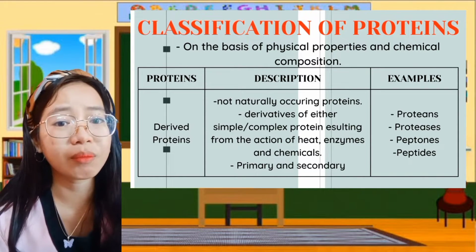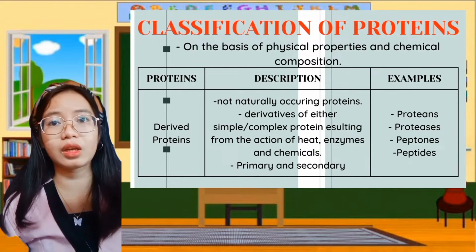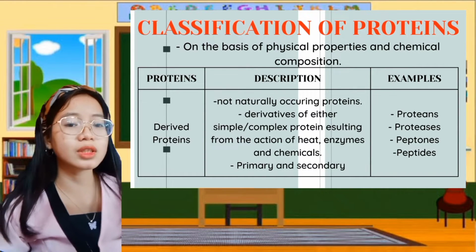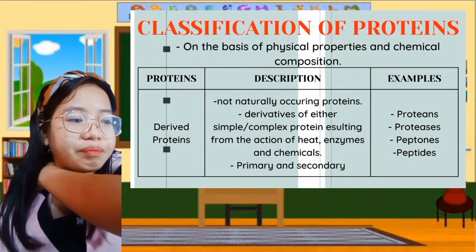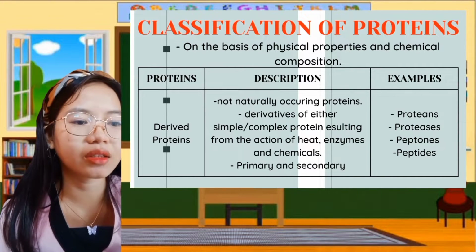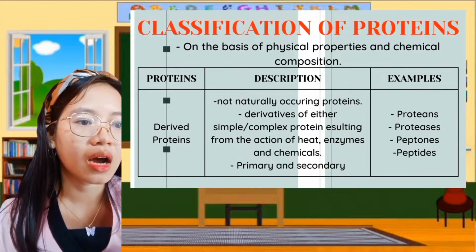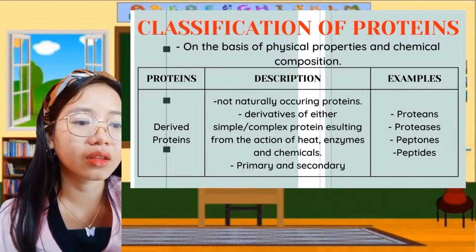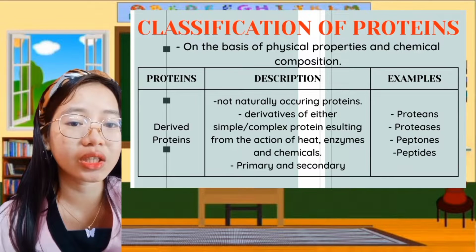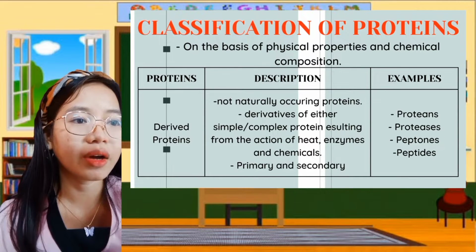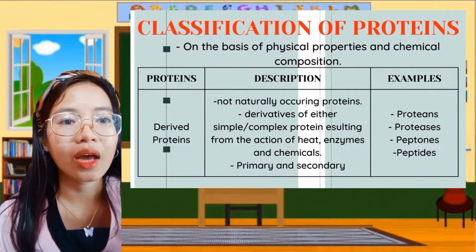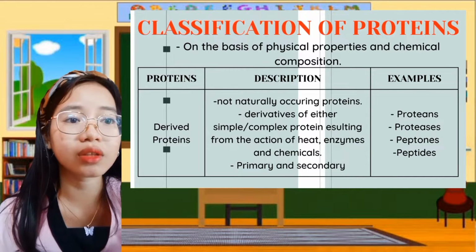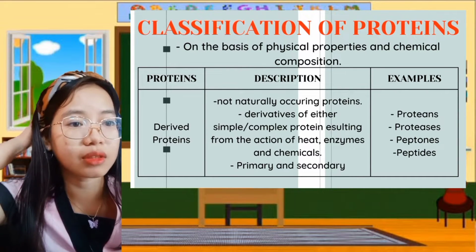Okay, and then what about the secondary? Since they are classified into two, of course, they have differences. As I said, the primary is a derived protein which is a first product, meaning its original size does not change, while the secondary derived protein has an original size that changes, and the secondary derived protein undergoes hydrolysis.